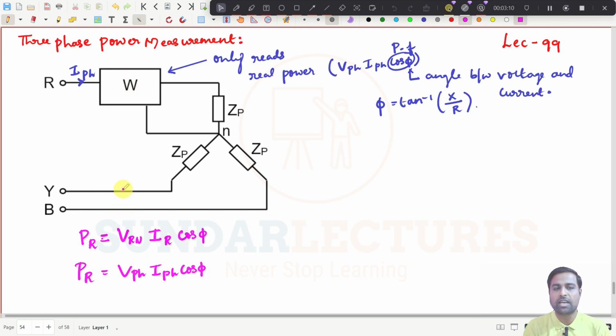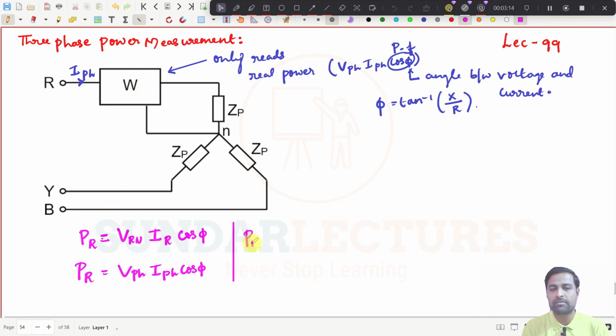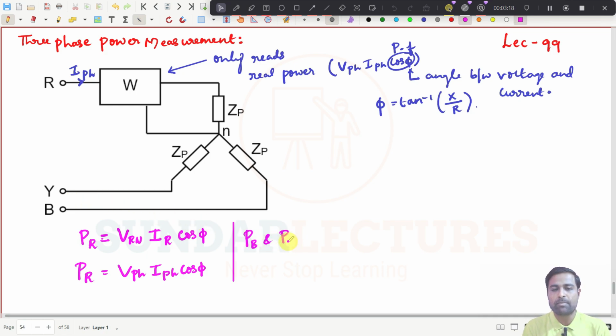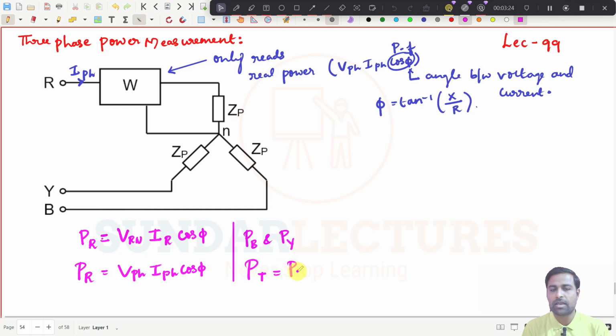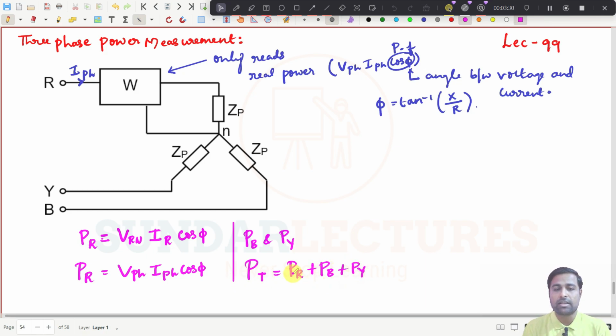Put this wattmeter here, and this one here, so that you will get all the powers PR, PB and then PY. You will get these values, right? And what is the total power? Total power can be written as PR plus PB plus PY. Try to understand that PB and PY are the same here, right?